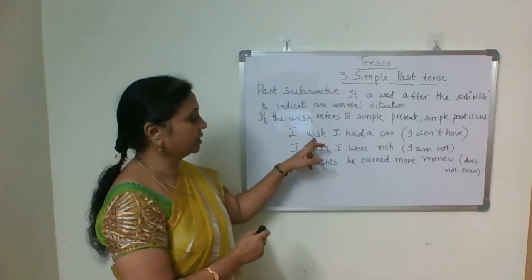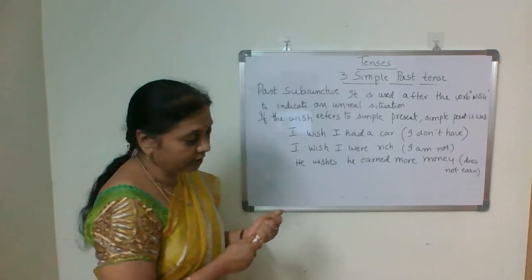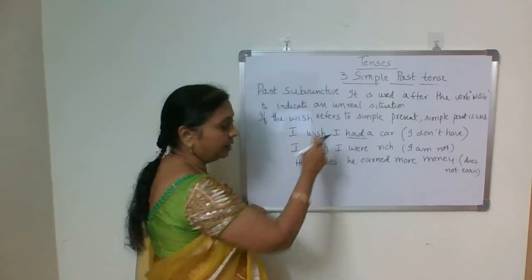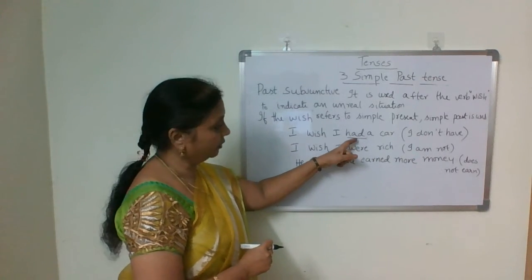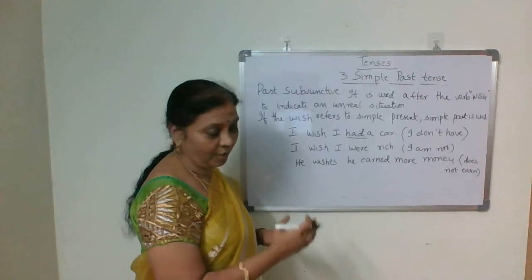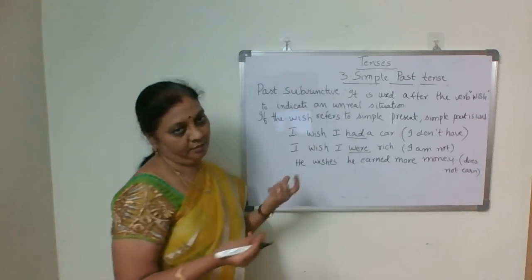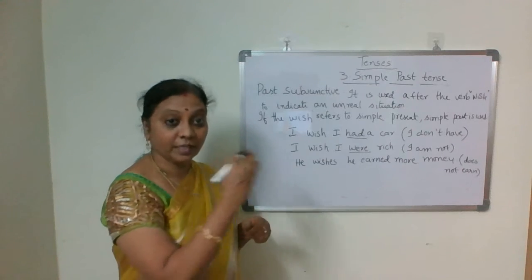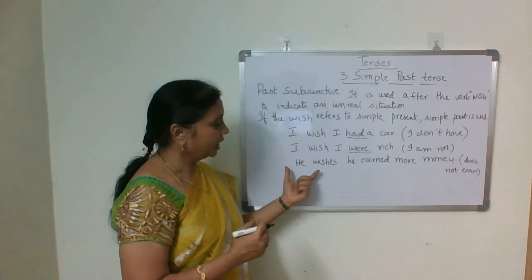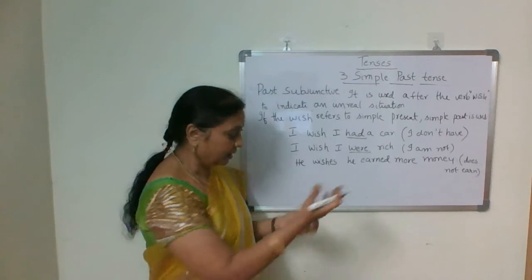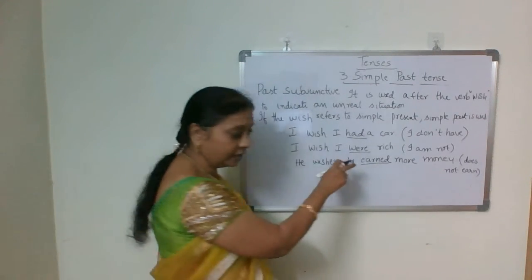In such cases, we have to use it here. Notice that it talks about the present, and immediately we are using simple past. I wish I were rich, but I am not rich. He wishes he earned more money, but he does not earn. Earned again.